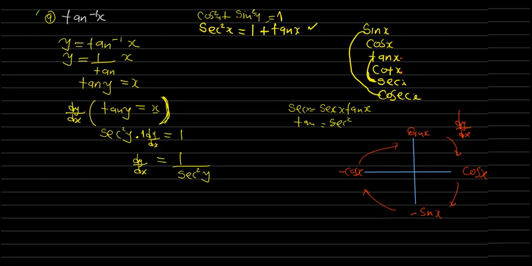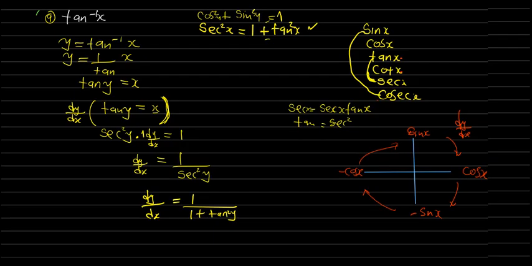From there, I'll use this identity. It is squared there, so I'll put it like that. So dy dx is equal to 1 over sec squared y, which we can now replace with 1 plus tan squared y.